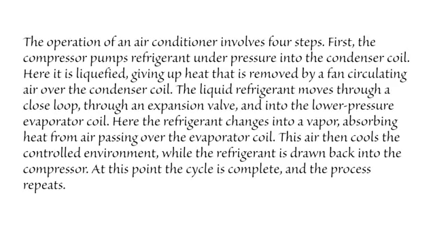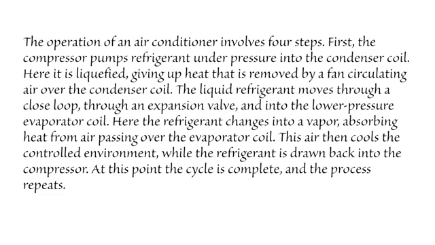The operation of an air conditioner involves 4 steps. First, the compressor pumps refrigerant under pressure into the condenser coil. Here it is liquefied, giving up heat that is removed by a fan circulating air over the condenser coil. The liquid refrigerant moves through a closed loop, through an expansion valve, and into the low-pressure evaporator coil.